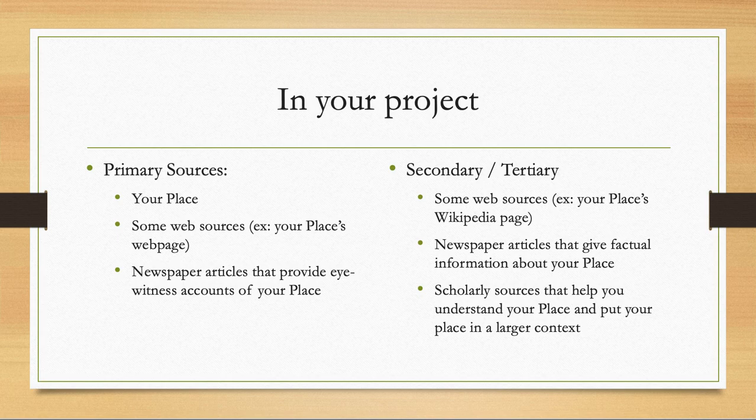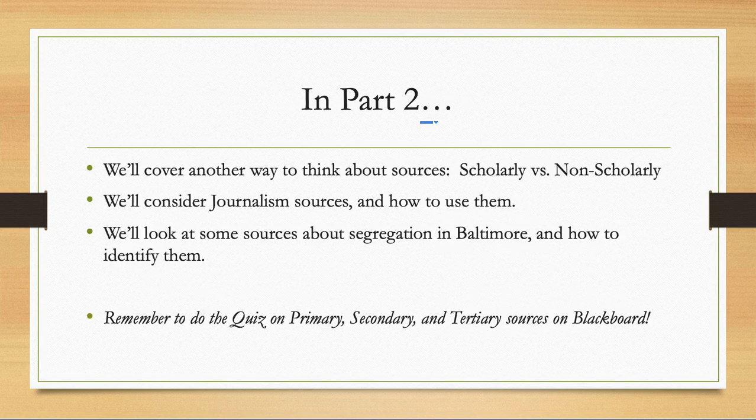It was a secondary source. It looked at the historical record about the house and provided an interpretation. Importantly, scholarly sources, which you're required to find and summarize two of, will help you put your place into a larger context, and those are secondary sources.